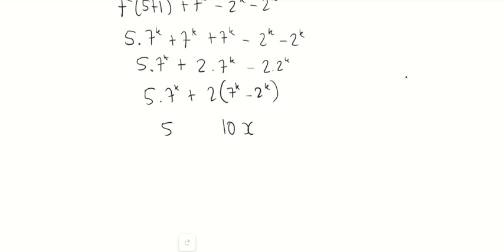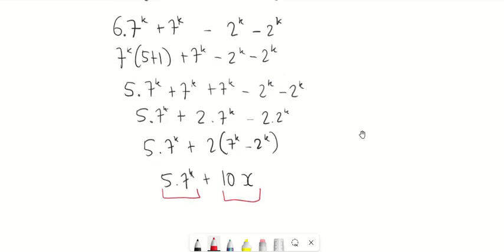So we end up with this. 5 times 7 to the power of k, and then obviously both of them are divisible by 5. That's divisible by 5 because the 5 is there, and this is divisible by 5 because 5 divides into the 10, and we know already that x is divisible by 5, so we've used the assumption there again.